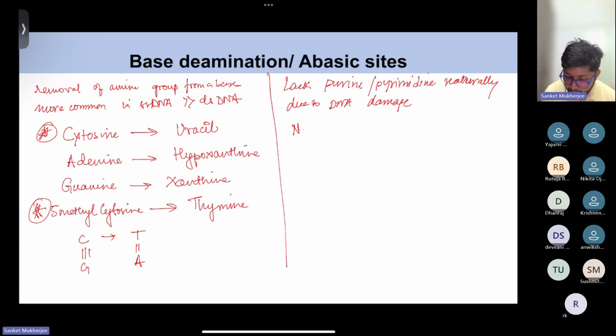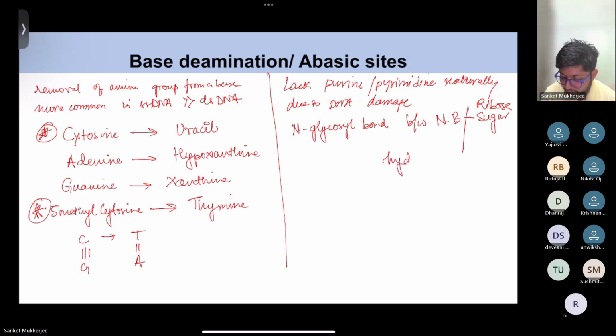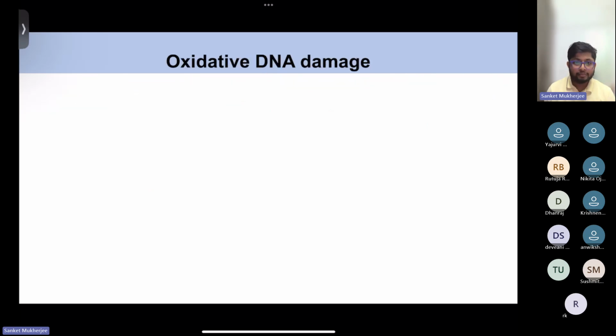The N-glycosyl bond that is between the nitrogen base and the ribose sugar, this bond is hydrolyzed using the enzyme glycosylases, right? So this is basically the main concept.